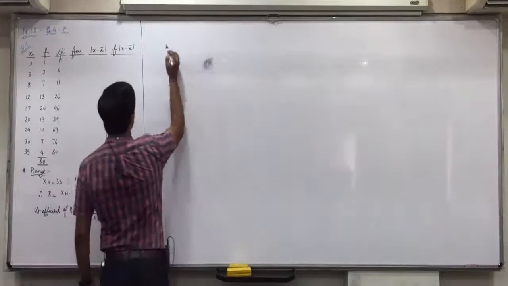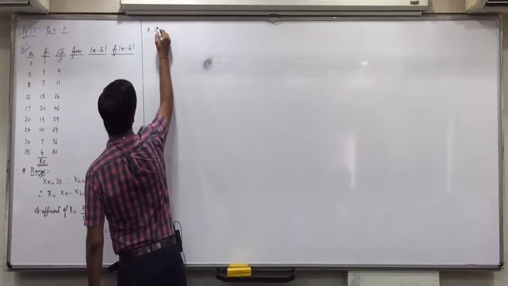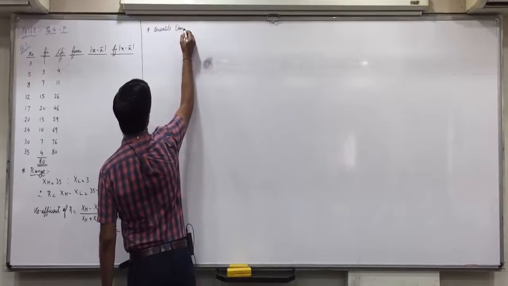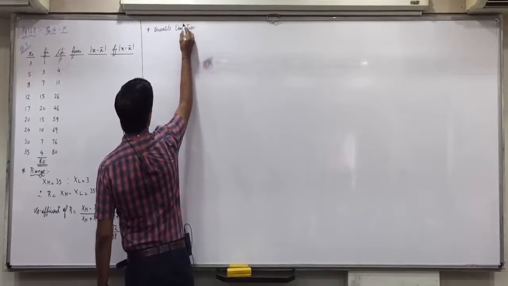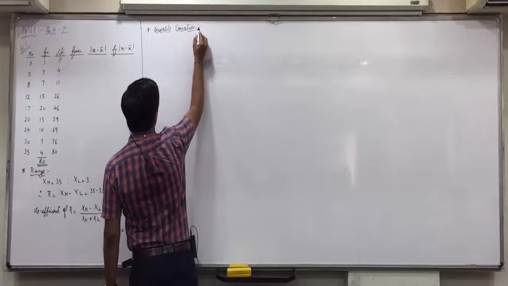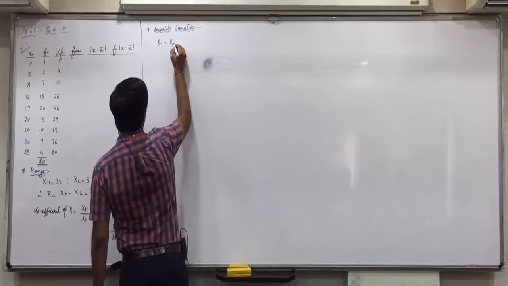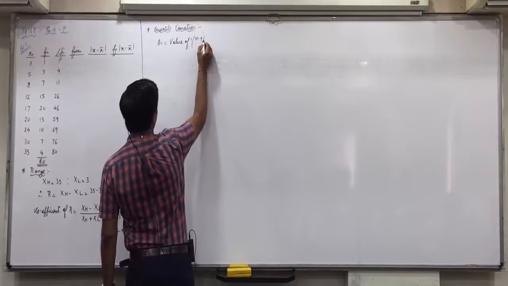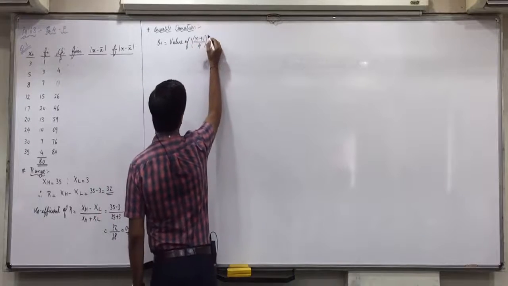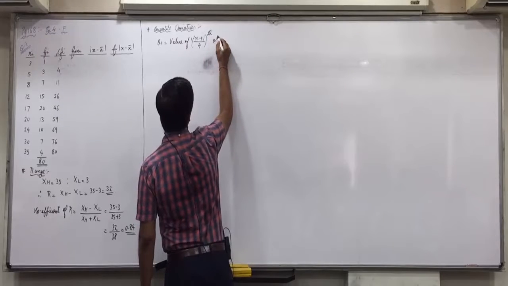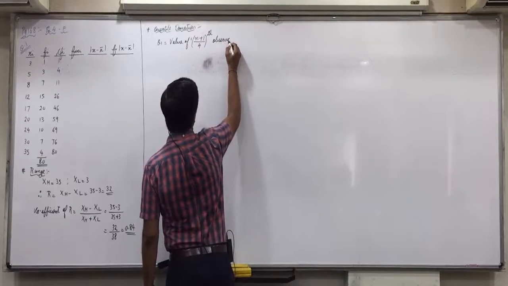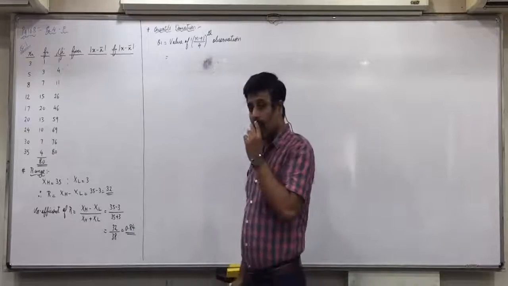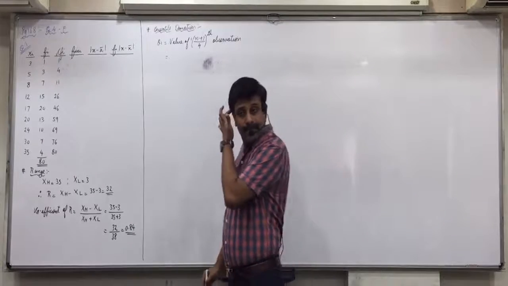Now for quartile deviation we require Q1 and Q3. What is the formula of Q1? Value of 1 into n plus 1 upon 4th observation. What is n here?